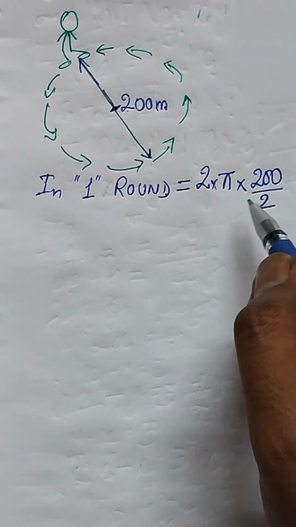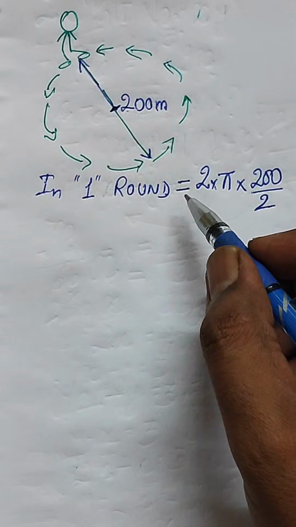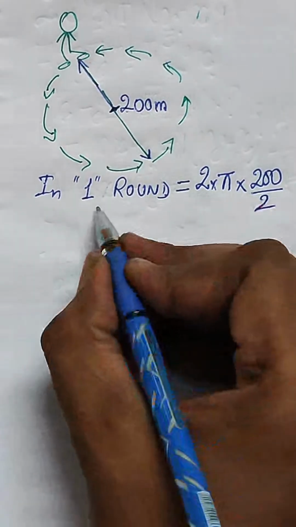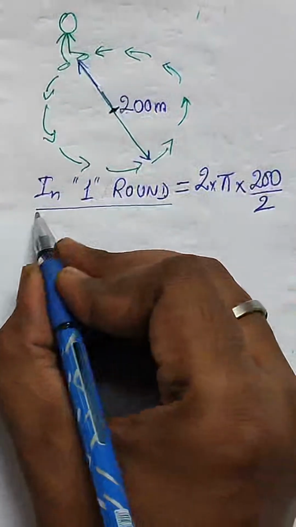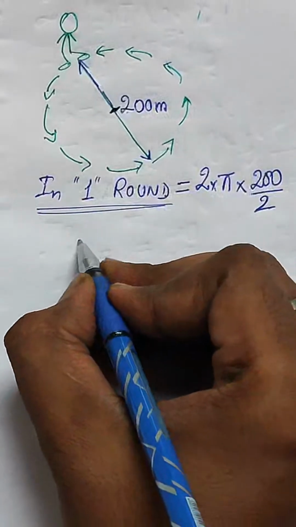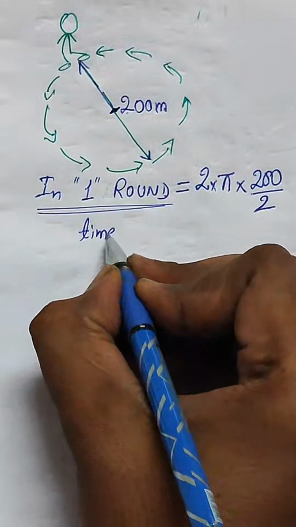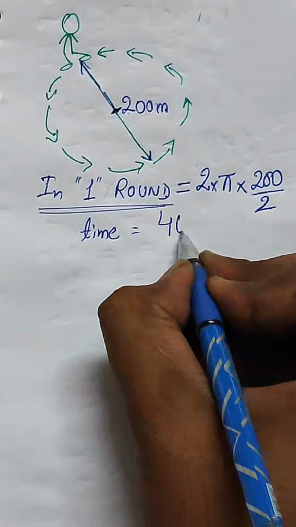Now from this point let us see. It's given that this athlete completes one round in the time of 40 seconds.